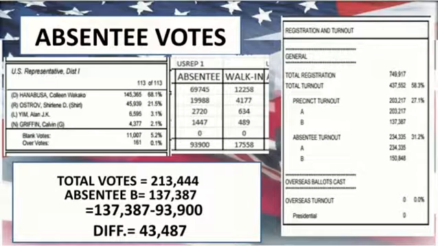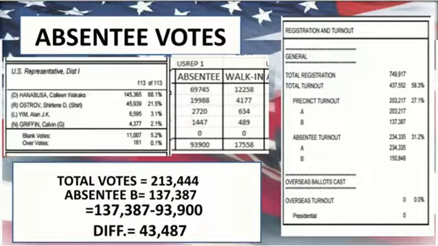Okay, next slide. This would be the U.S. Representative District 1 race. Okay, total votes 213,000. The absentee B votes that was given for District 1 is 137,937 as given in the summary report. But for these votes, I actually went in and looked at the individual precincts, and I added up all the numbers of absentee votes from all the precincts.